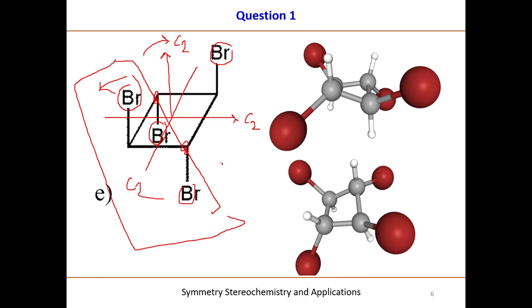So here we have sigma d. Sigma d means a dihedral plane is present. The plane is passing between the two C2 axes. That's why we are calling it a dihedral plane. So here a dihedral plane is there. The another dihedral plane is passing through the other two bromine. I will show here.